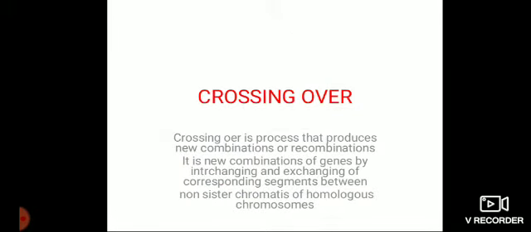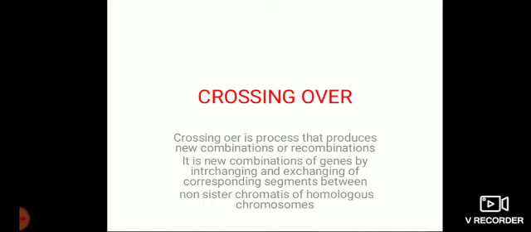So crossing over is a process that produces new combinations or recombinations. It is a new combination of genes by interchanging and exchanging of the corresponding segments between the non-sister chromatids of homologous chromosomes. What are non-sister chromatids? When homologous chromosomes pair, the chromatids of the two separate chromosomes are called non-sister chromatids.